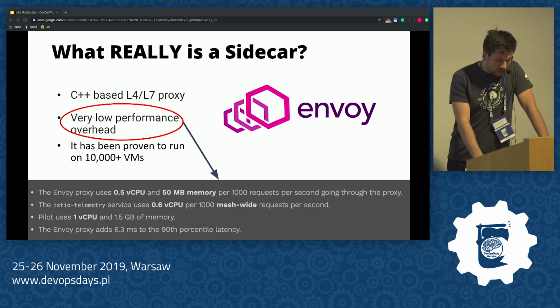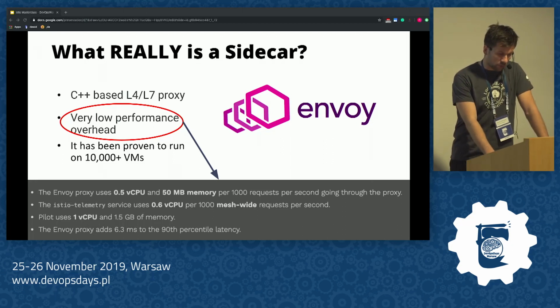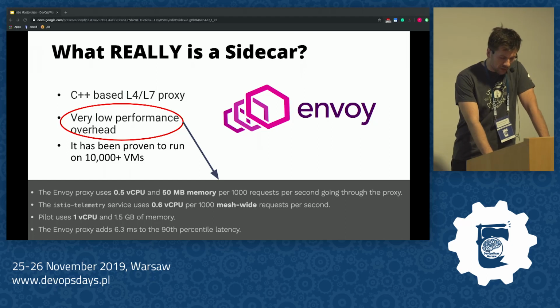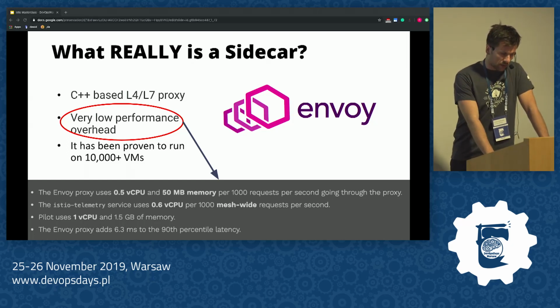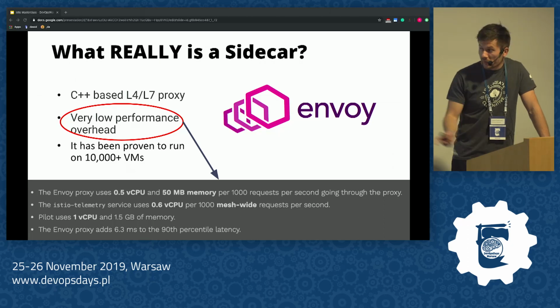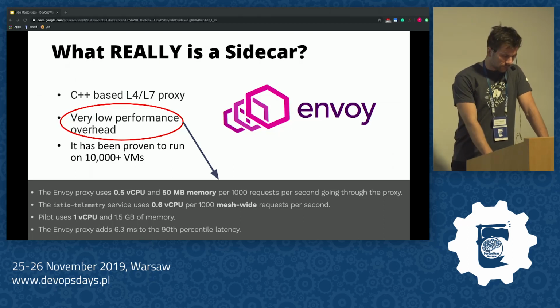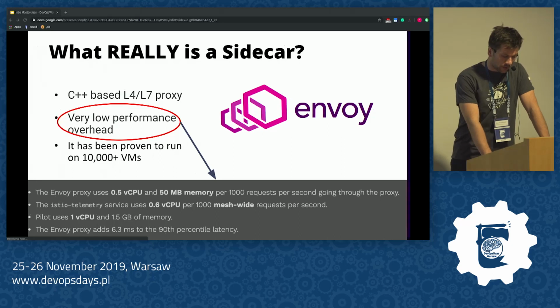So overall, you shouldn't have a problem with performance overhead from Istio. But if you really do, consider Linkerd, because it has way less overhead, even though Istio's is not much.